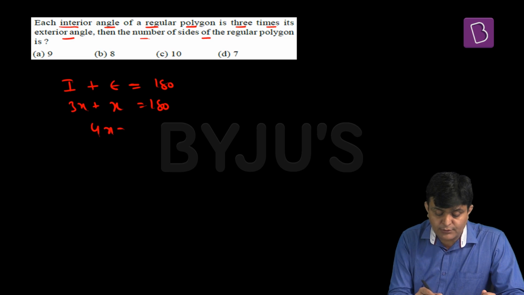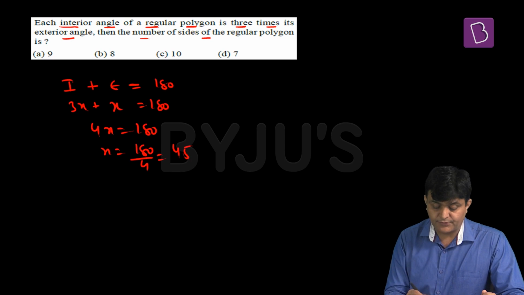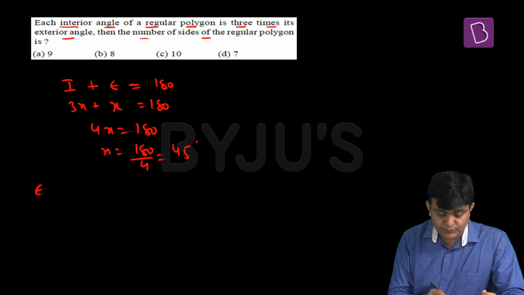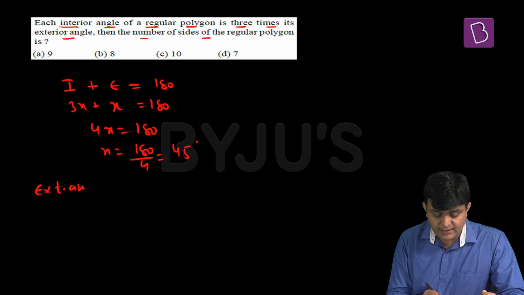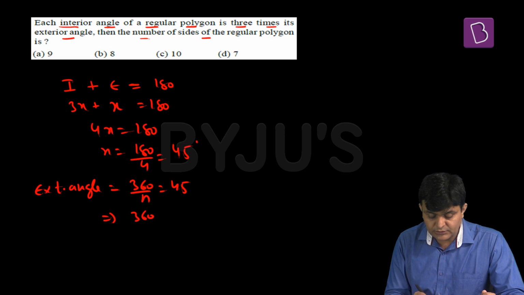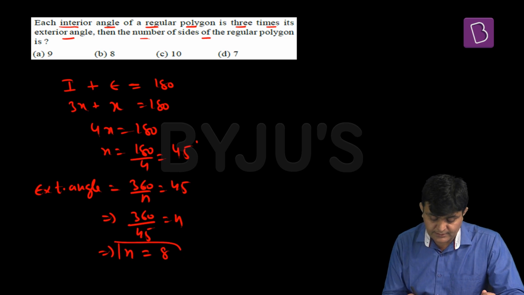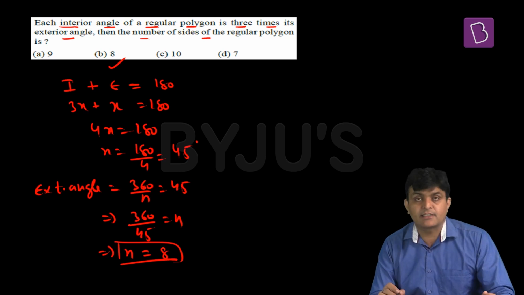So 4x is equal to 180, so x is equal to 180 by 4, that means 45 degrees. And we know that the external angle is equal to 360 by n, that is 45. So 360 by 45 is n, so n is equal to 8. So 8 is our correct answer.